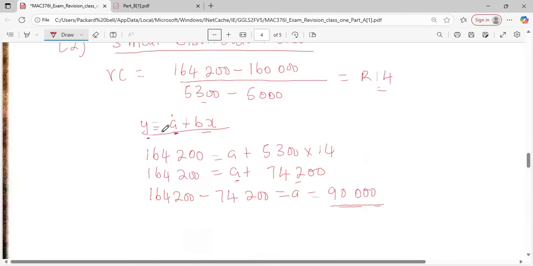Then you want the total cost now. So you can go back to your equation and say y, what we want now, is equal to 90,000 plus bx. B is our variable cost, so it's going to be 14 times our x.